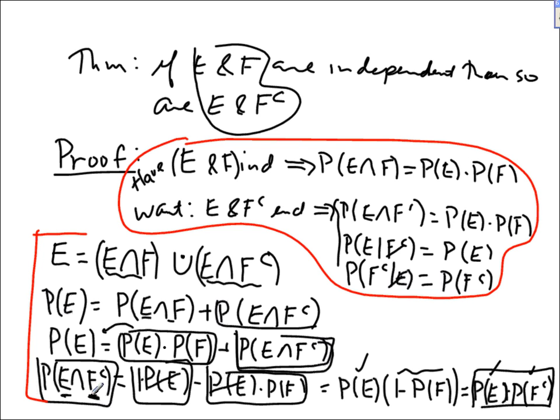And of course, I showed this one. Actually, the implication goes both ways. They mean the same thing. Okay, so that's nice. So, you were given that E and F were independent.